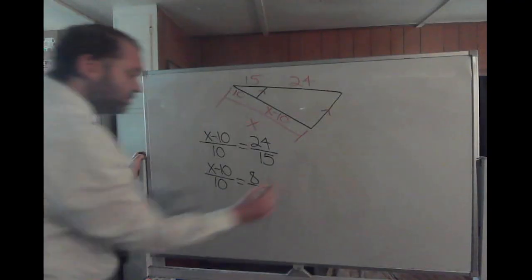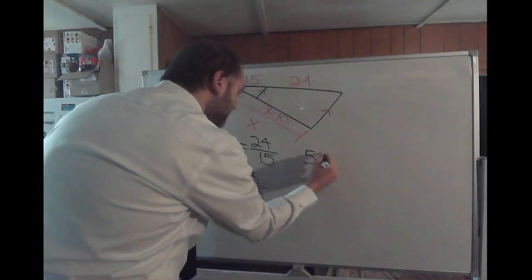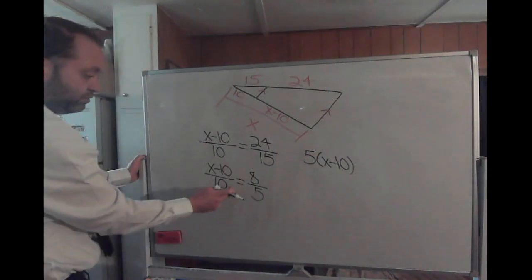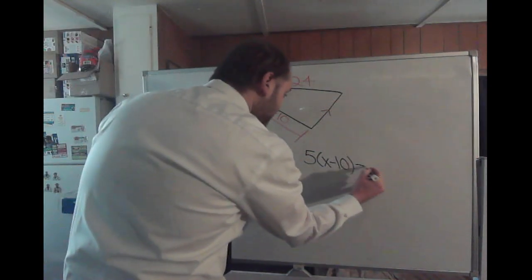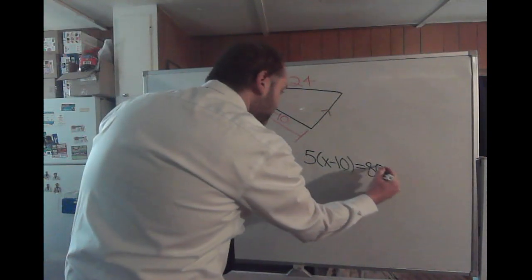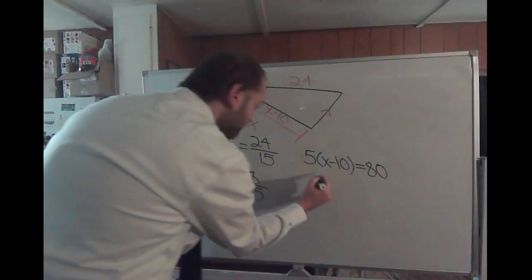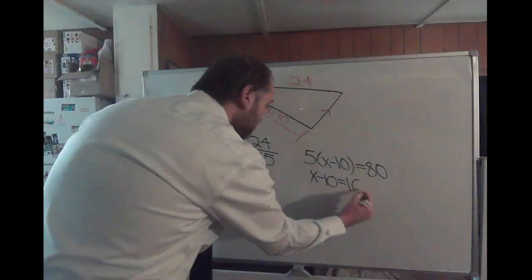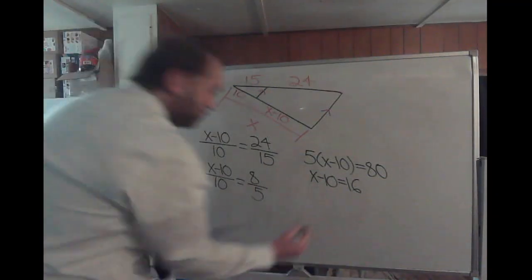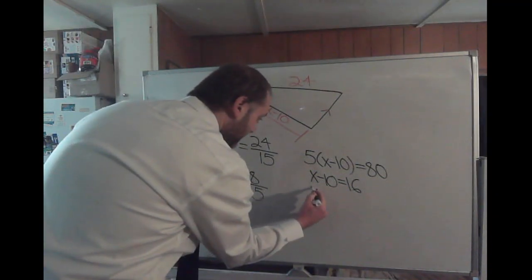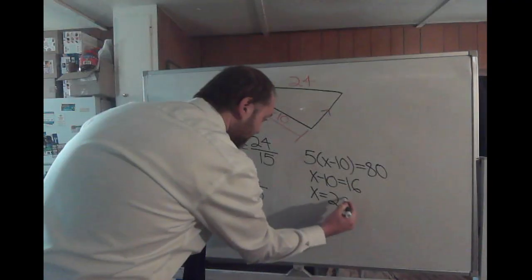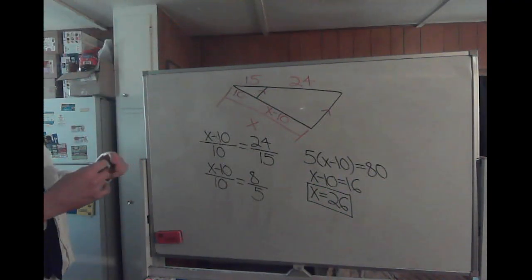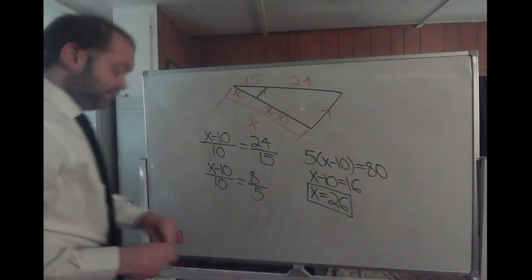So now you do your cross product, you end up having 5 times the quantity of x minus 10 equal to 8 times 10, which is 80. You can divide both sides by 5. If you do that, you'll get x minus 10 equals 16, which would then simply have to give you that x would equal 26. So the value for x is 26.